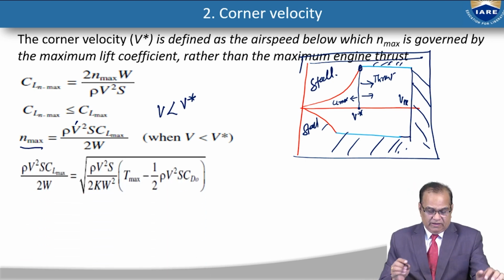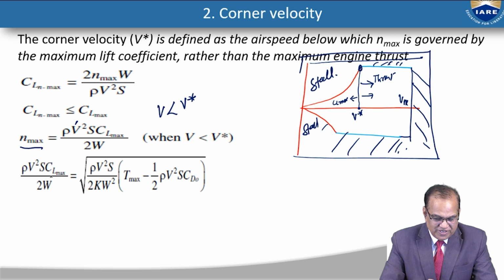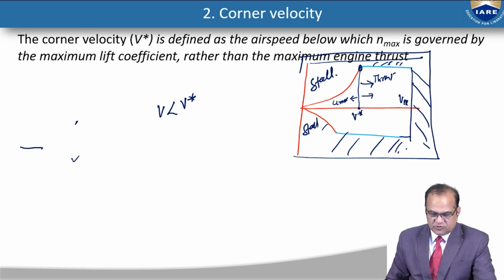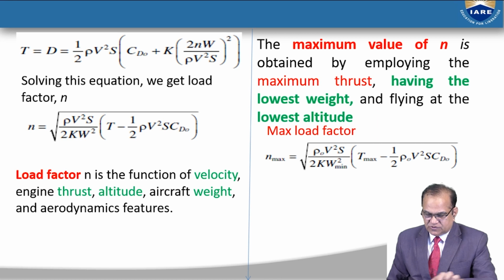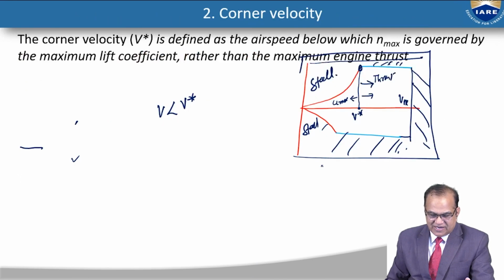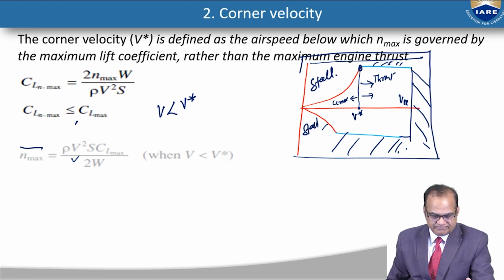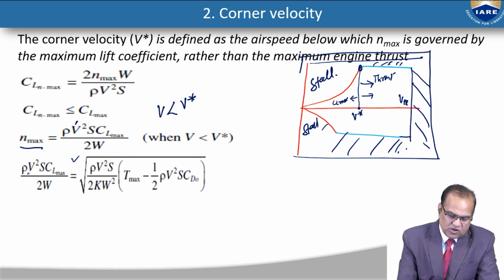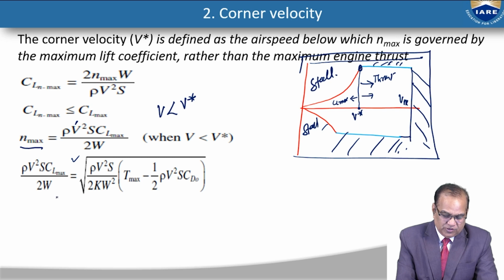So we can write that rho V square S CL maximum by 2W is equal to, this we have derived earlier in the earlier slide, where we derived N maximum. From here we will take rho V square S CL by 2W maximum.